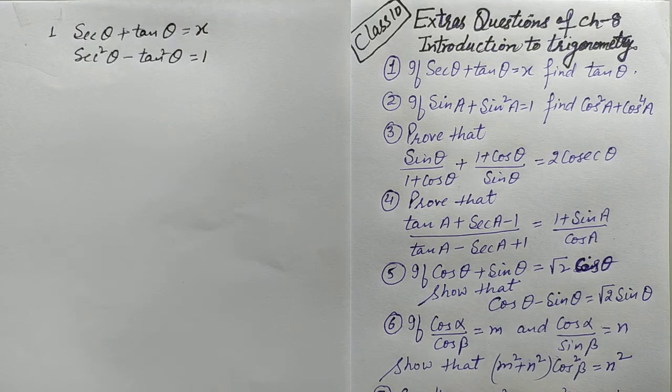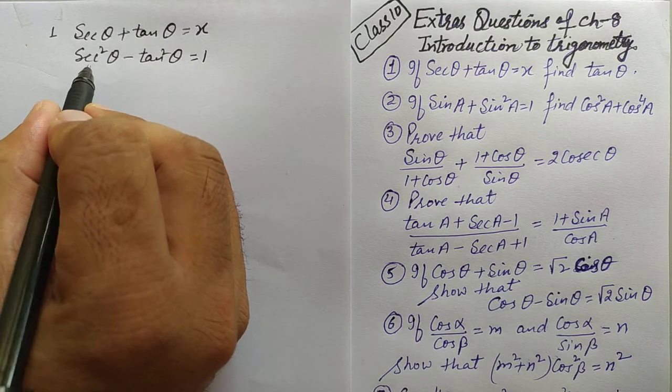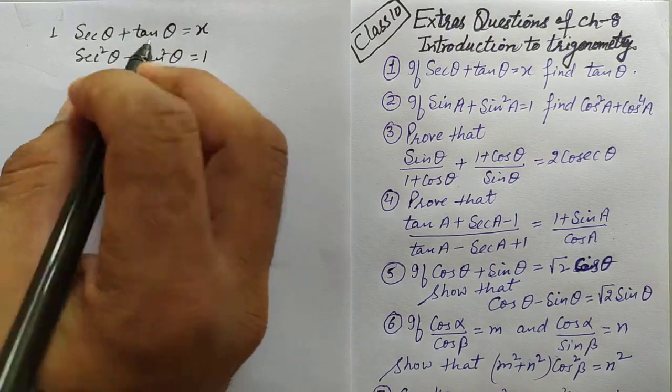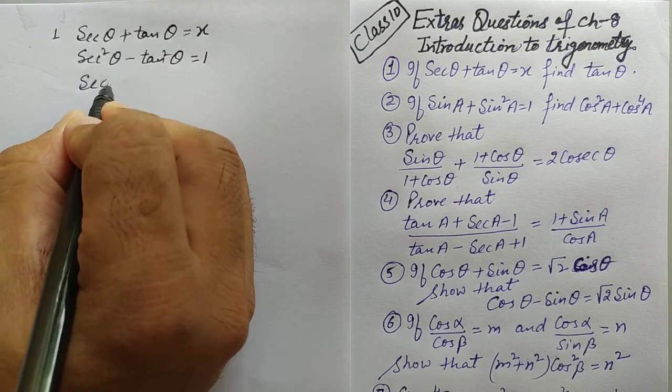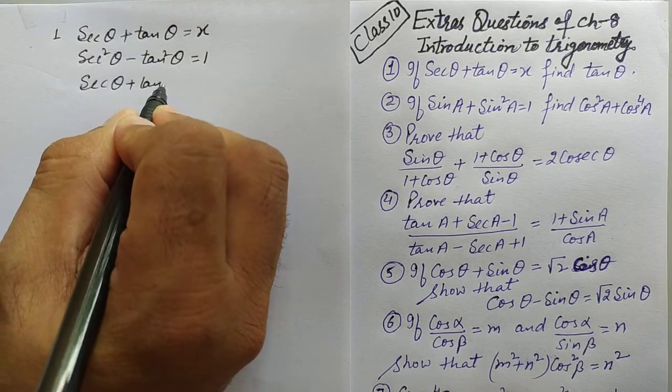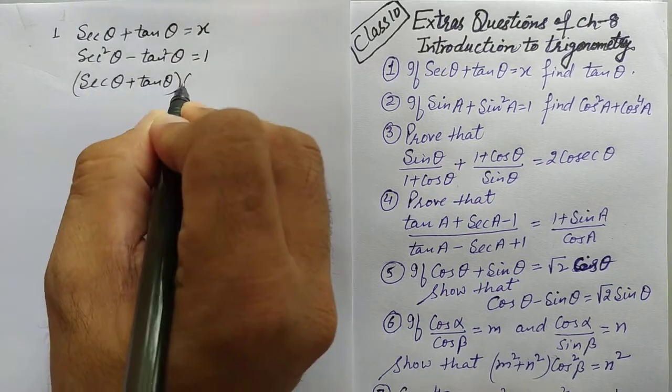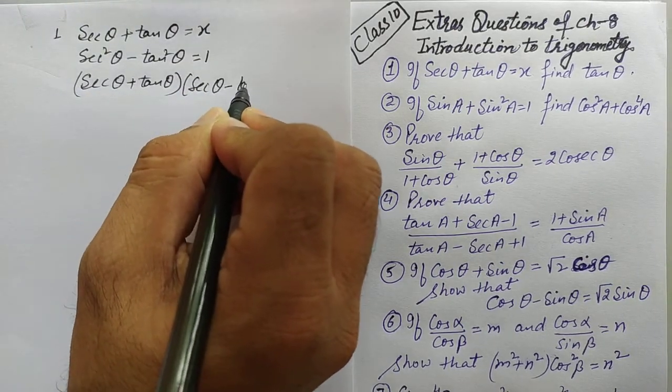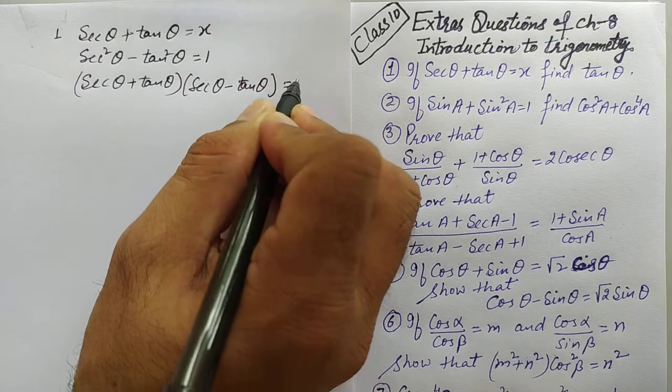We can apply a square minus b square, that is, (a plus b) into (a minus b), is equal to 1.